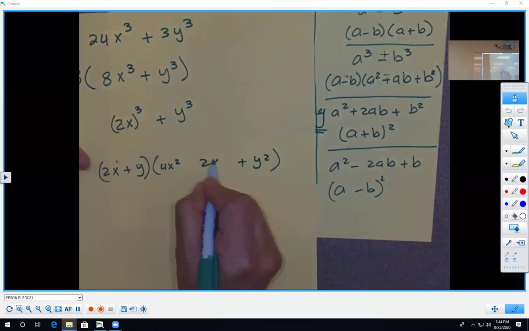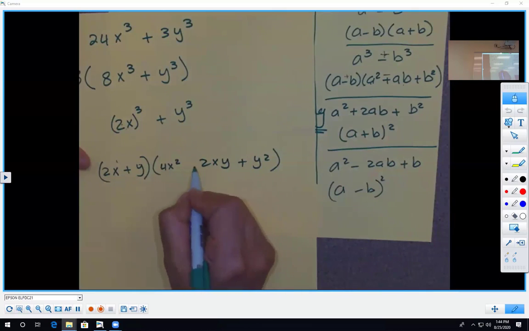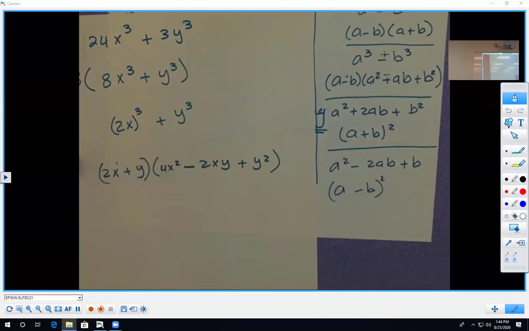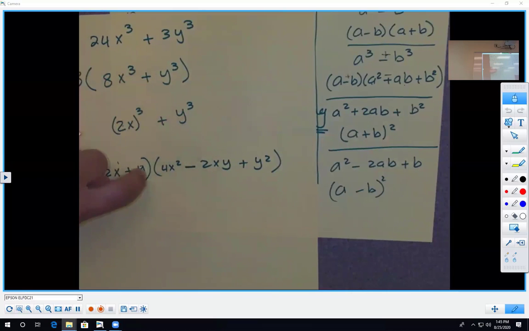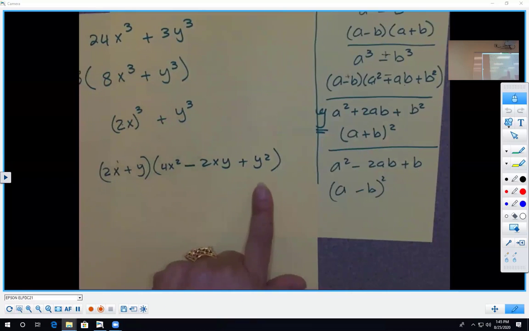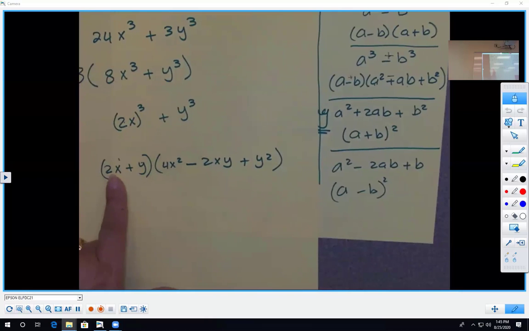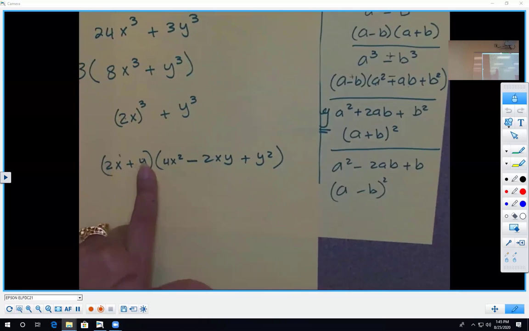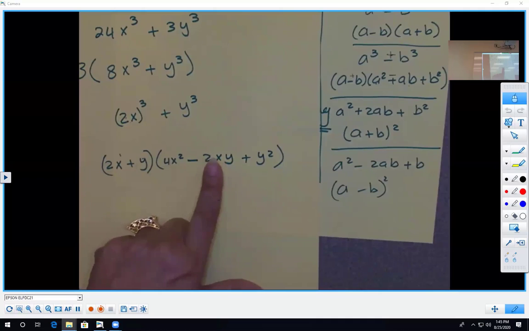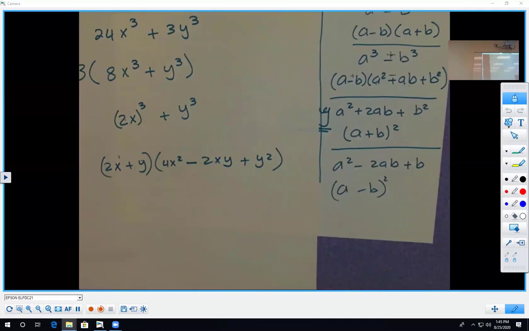But I'm going to multiply them both together, 2xy, with an opposite sign. So you don't actually memorize the formula. If it's addition, you pull exactly what you have in the two terms, and then the second factor will be based on the first term. You square first, you square second, and you multiply first by second with an opposite sign. And that's our final answer. Just pull the 3 down.